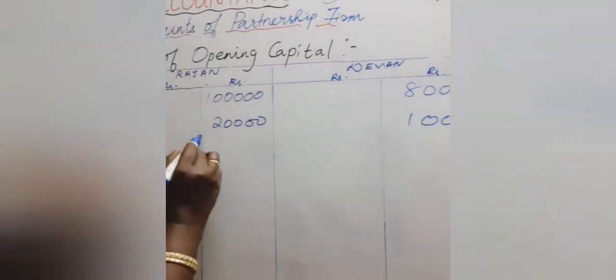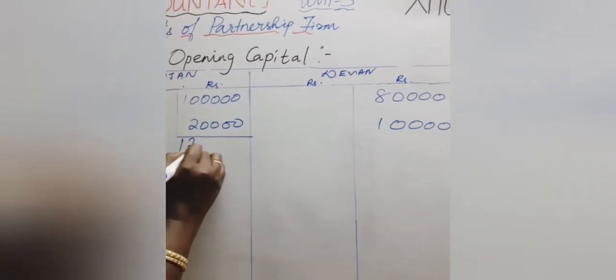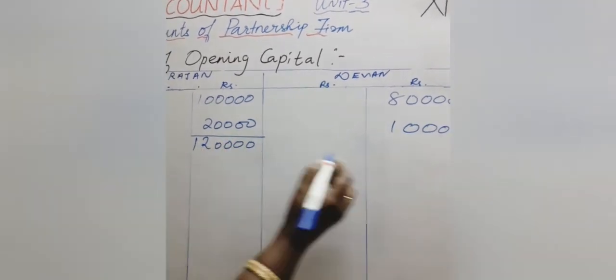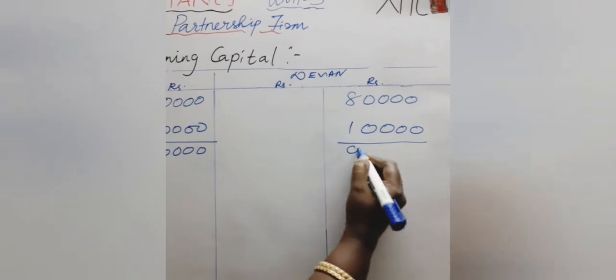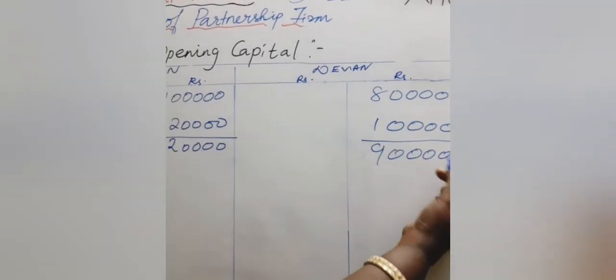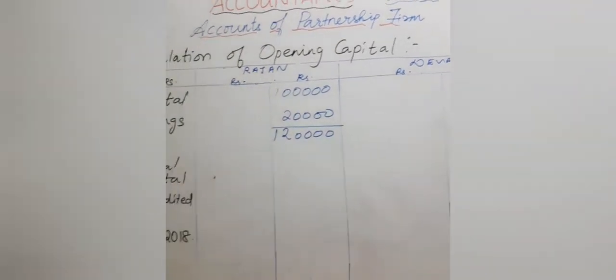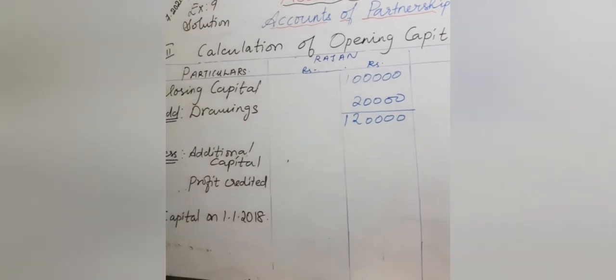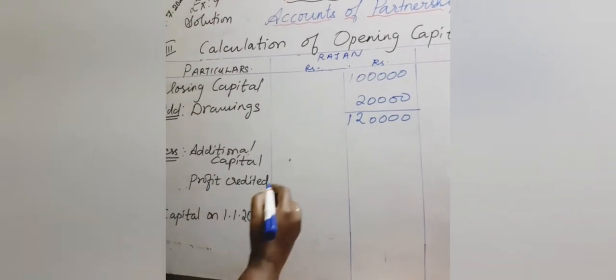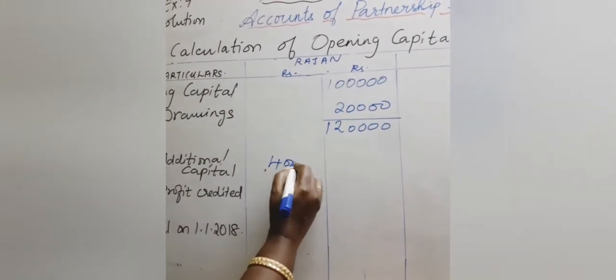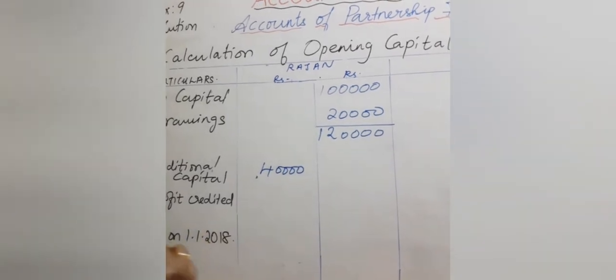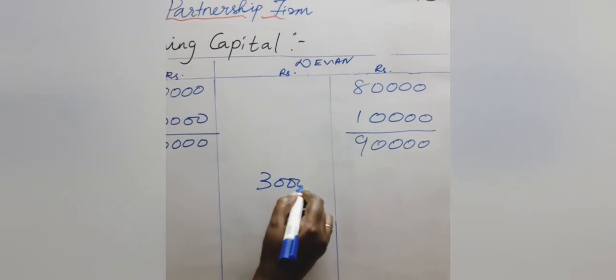So we want to add both of these. You get here 1,20,000 and here you get 90,000. Next we want to reduce the additional capital. Additional capital is 40,000 for Rajan. Similarly for Devan it is 30,000.